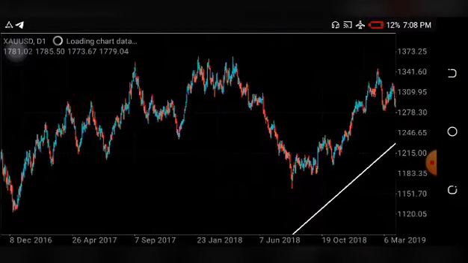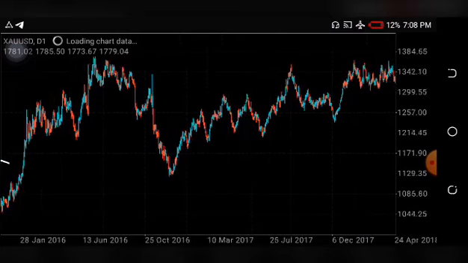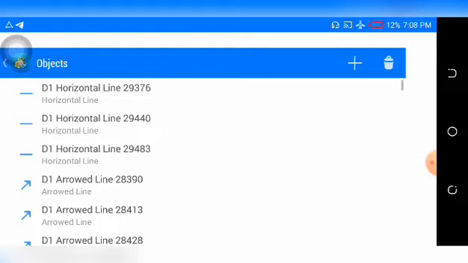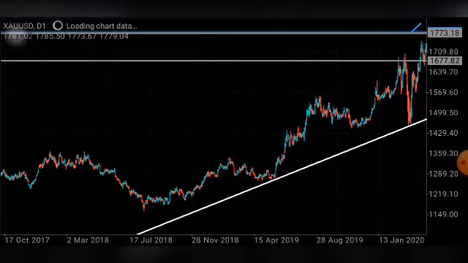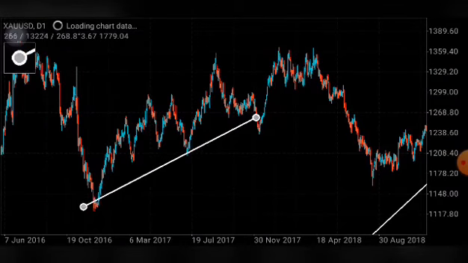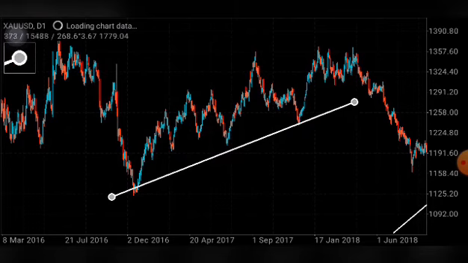You can't draw a trend line on a ranging market or consolidations. So you see, minimum of 2 touches.